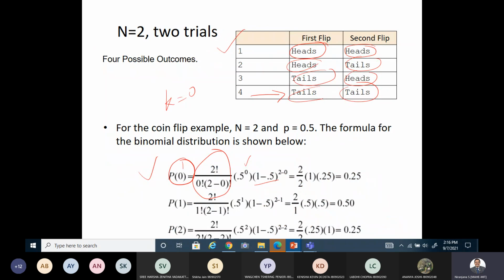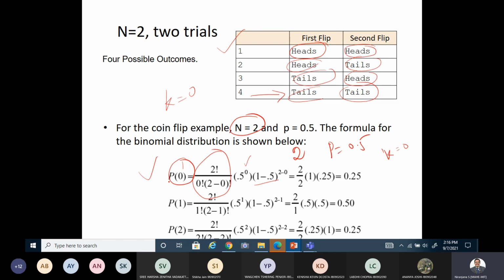N is 2 here, right? N is 2. In each case, 1 or 2 or 3 or 4, you are doing two trials, right? So the number of trials you are doing is 2. N is 2. P is 0.5. And K, considering small k, is 0.